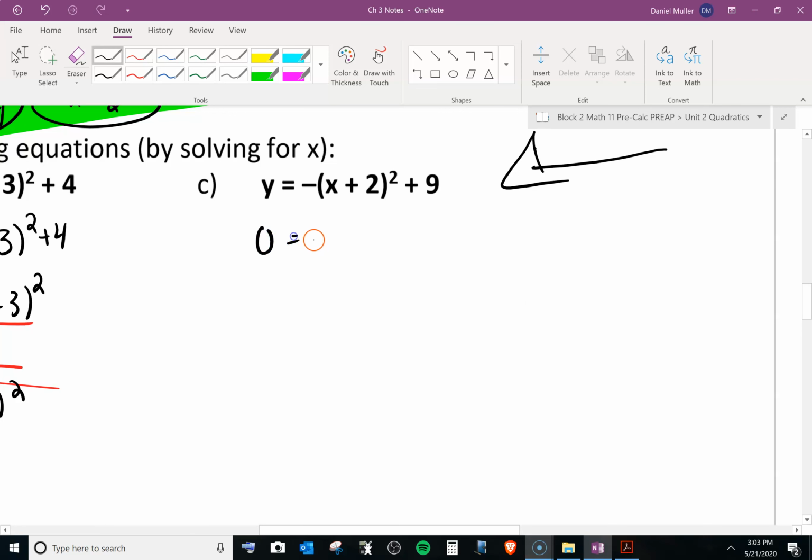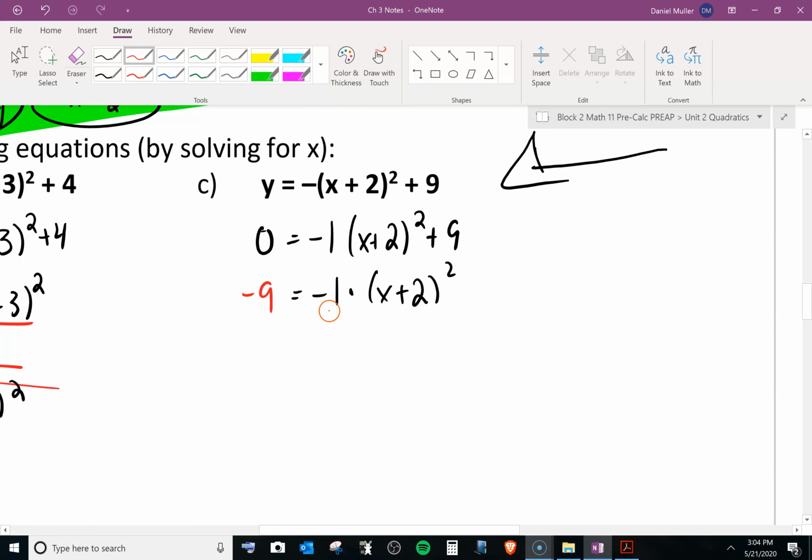So 0 equals negative. I'm going to put a 1 here. X plus 2 squared plus 9. And I set it equal to 0 because that's what it means to find a 0 or a root or an x-intercept. Now we can solve. Get rid of any addition or subtraction. So I'll minus the 9 over to here. Negative 1 times x plus 2 squared.